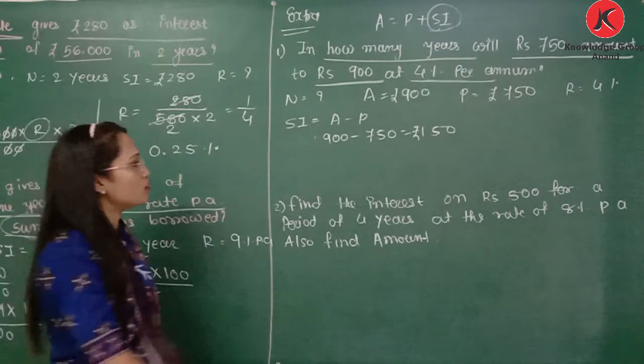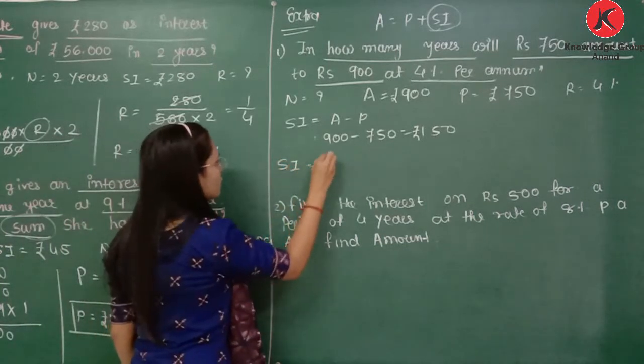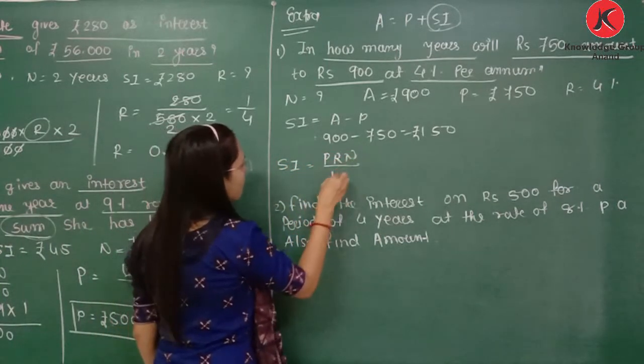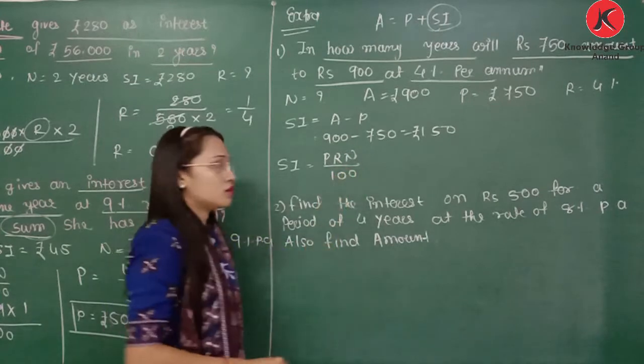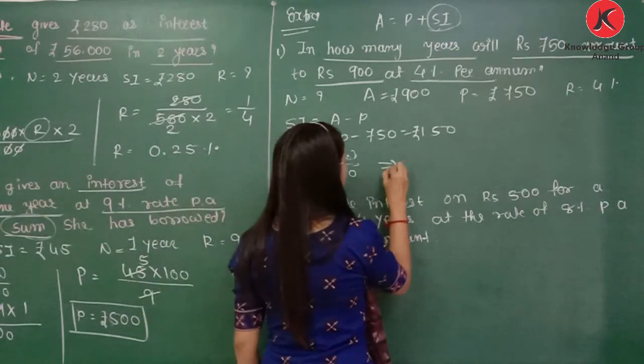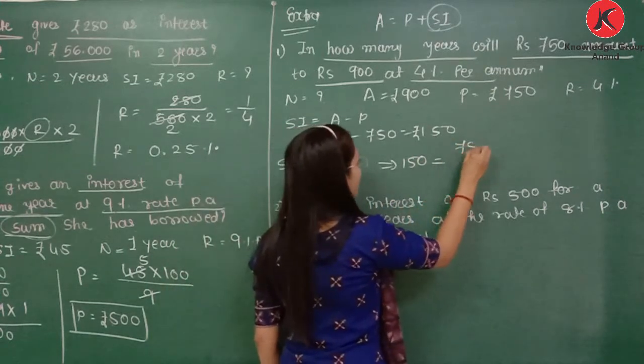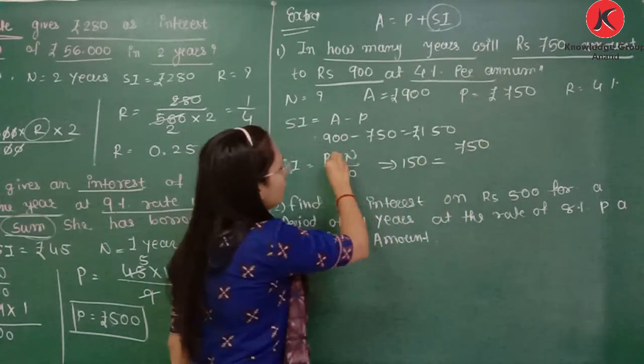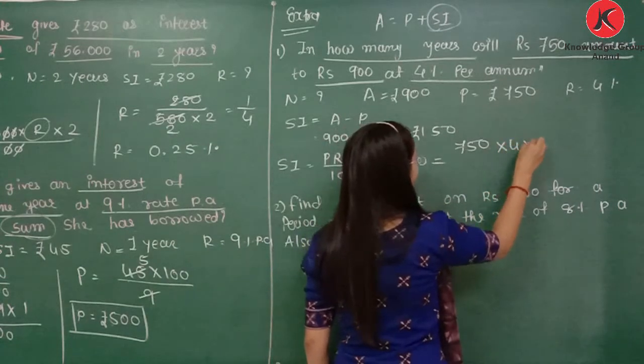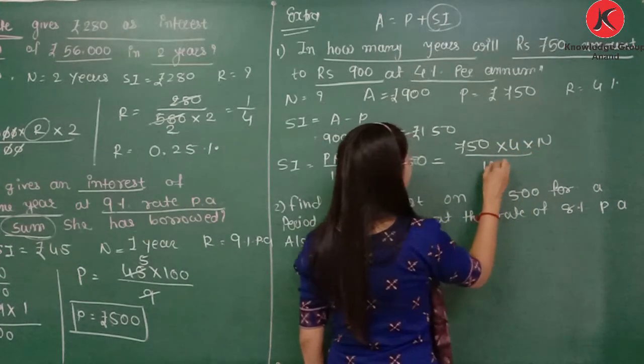Okay, now we use the equation for simple interest, that is PRN divided by 100. So simple interest is 150 rupees, P is given, 750, rate of interest is given, 4, and we need to find N, divided by 100.